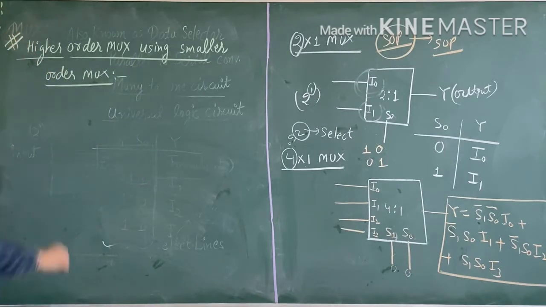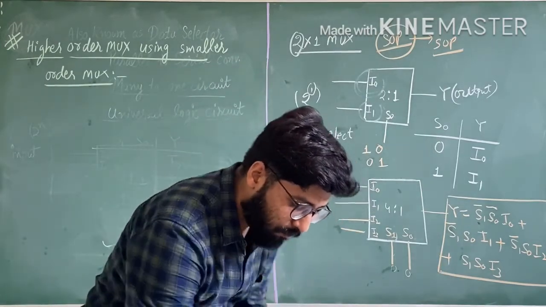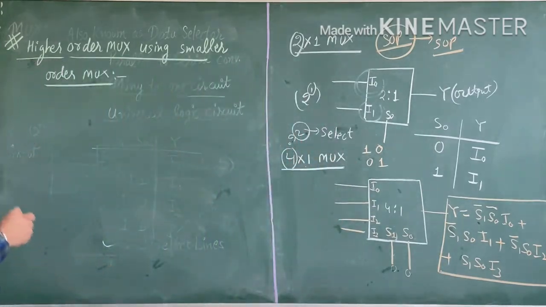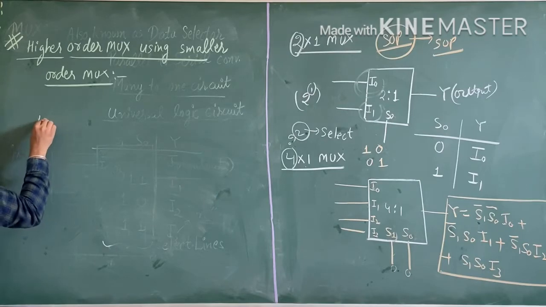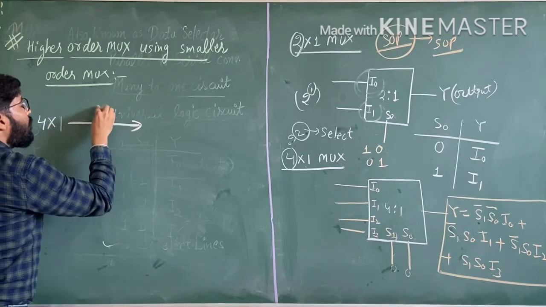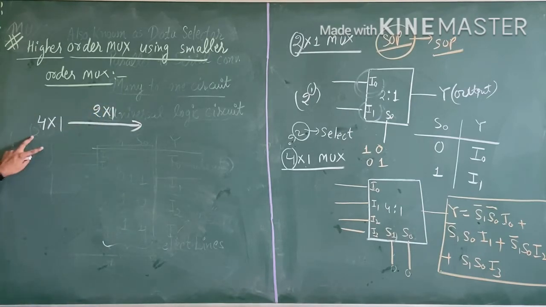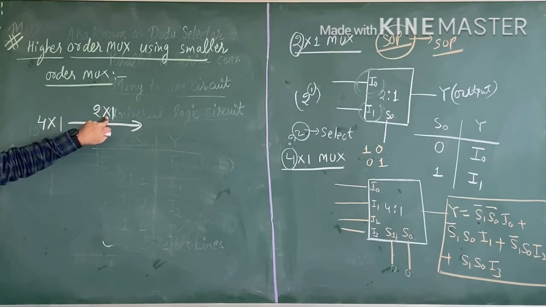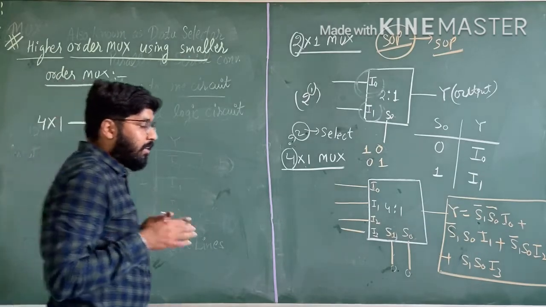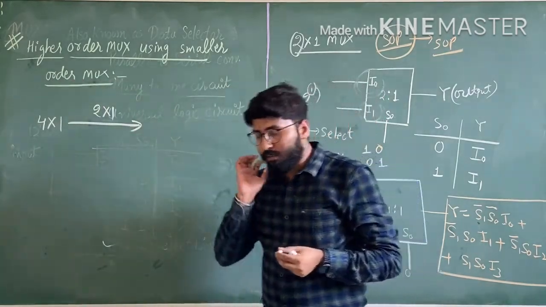This is a very important concept from the GATE point of view. Suppose you have to develop a 4 cross 1 mux with the help of 2 cross 1 mux. This is the question: you have to design a 4 cross 1 mux with the help of 2 cross 1 mux. So how many muxes are used for designing this? Okay, is the question clear to you?